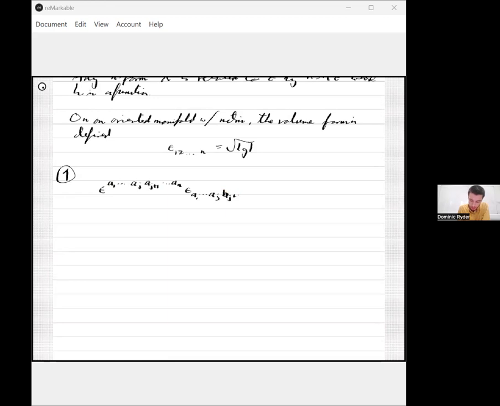That should be B1 to BN, but 1 minus N minus J factorial, J factorial, and then just continuing this down here. Delta AJ plus 1, BJ plus 1, up to AN, BN, and desymmetrized over the top indices. Good.